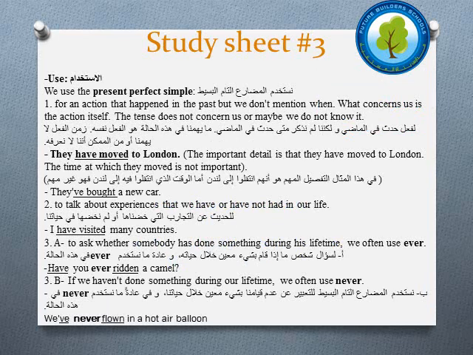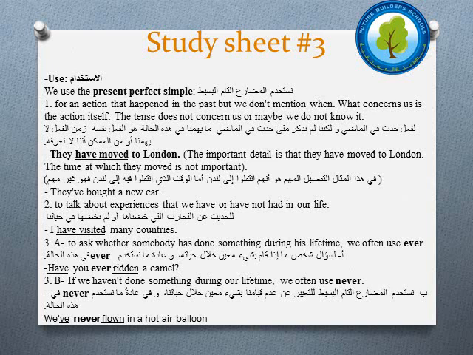We started with the form of the present perfect in video part 1, and we said that if I want to form a present perfect sentence, I use the auxiliary have or has.